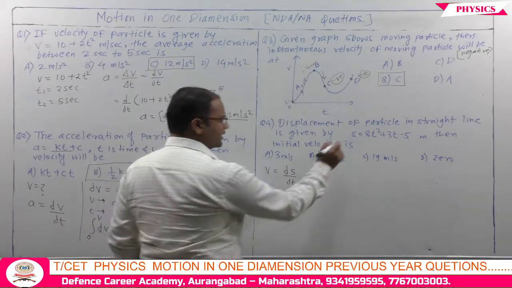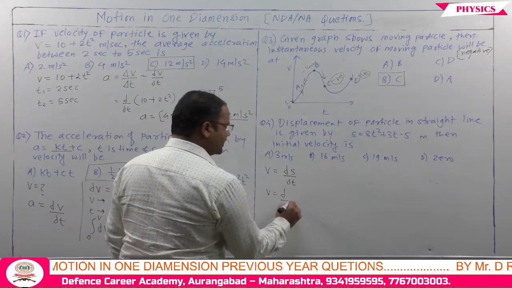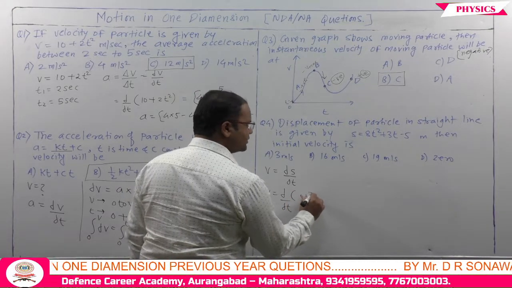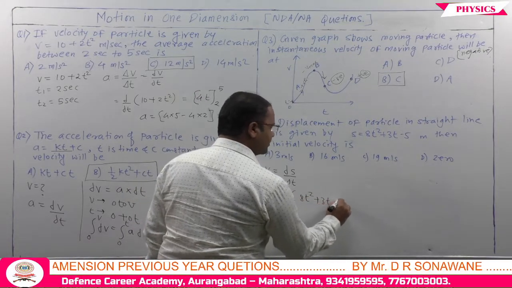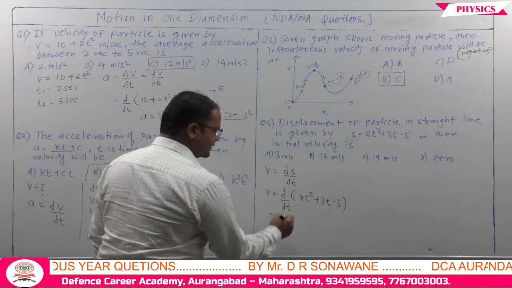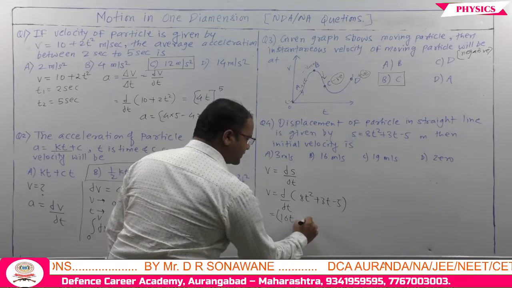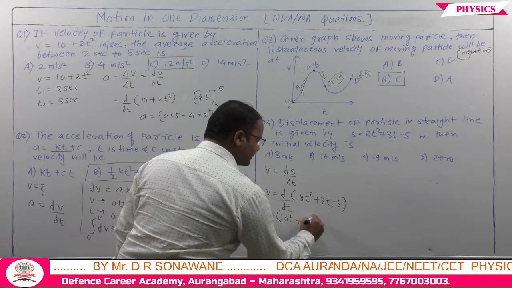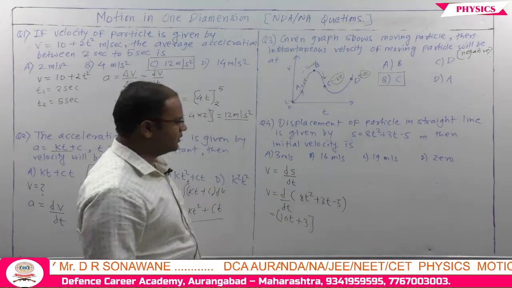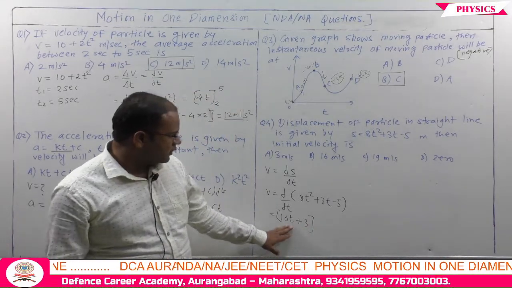So if we take the derivative of this equation, d by dt of 8t square plus 3t minus 5, we get 16t plus 3, and the derivative of a constant will be 0. So 16t plus 3 will be the value of velocity here.